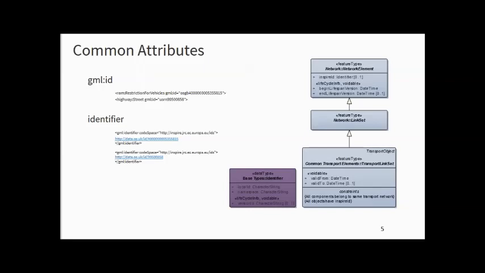You can see now on the left side, you have the GML ID, which is the first identifier I would like to discuss. This is a very important identifier as it's the one that will help you relate features to each other.